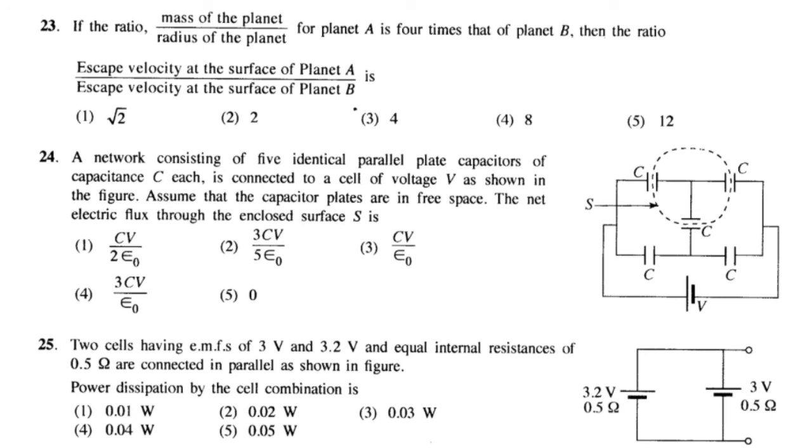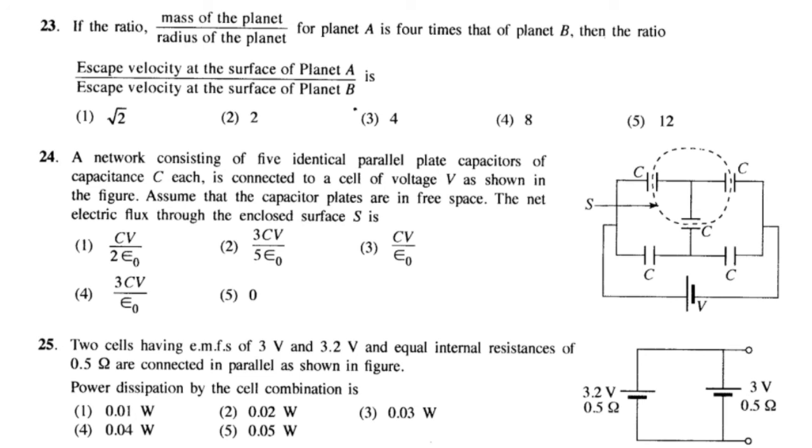Charges will be stored in the other 4 capacitors, and those 4 capacitors are identical, and the charge in each capacitor can be considered as Q. So every capacitor has 2 plates.